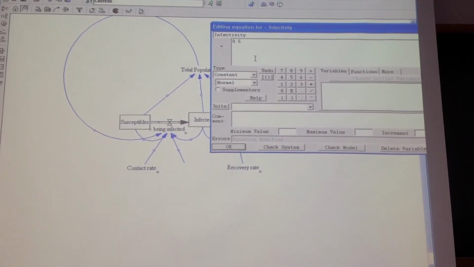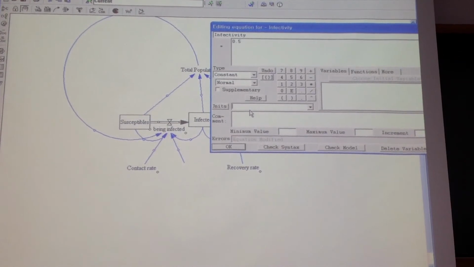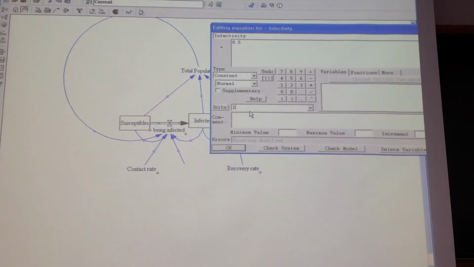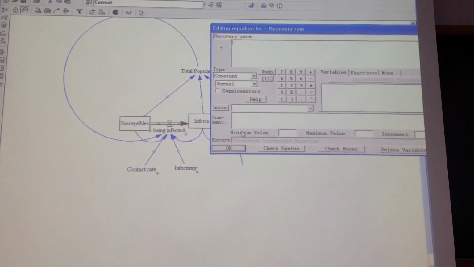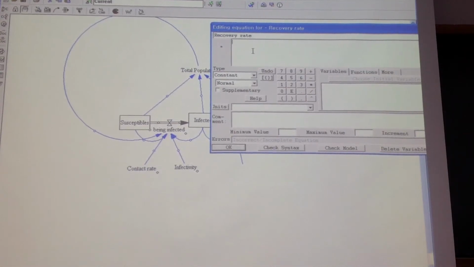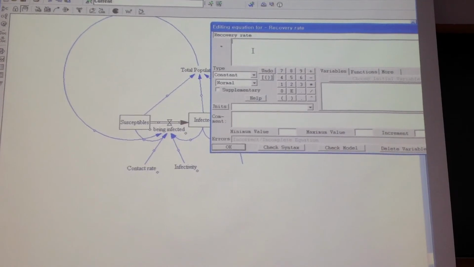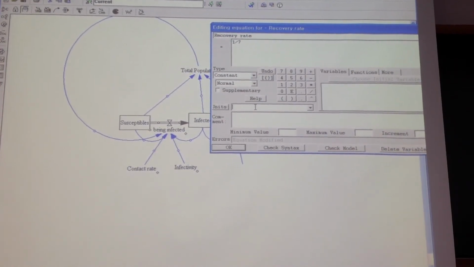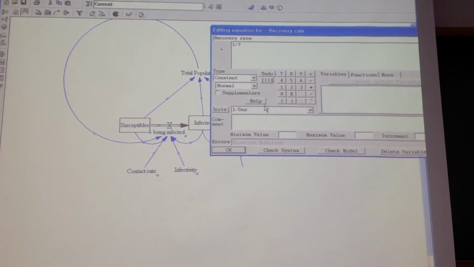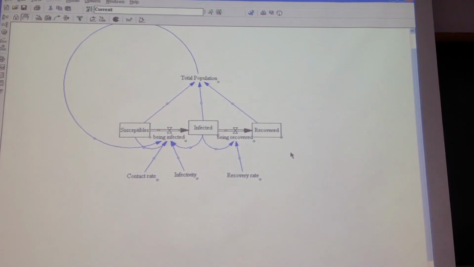So I'm sick and I meet 2 people, then I can infect 1 person. Okay? So this is people over people, so the unit is 1, suppose. And recovery rate, say if you get sick, you are sick for say 7 days. So recovery rate is 1 over 7. So I specify all the equations and constants behind the scene.